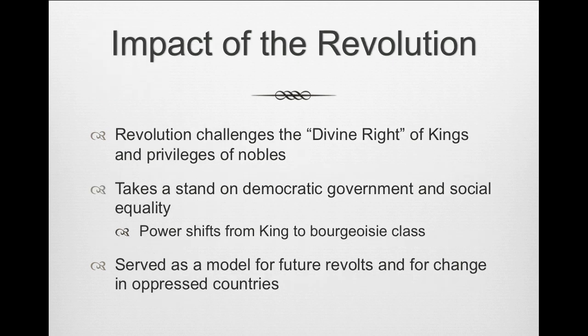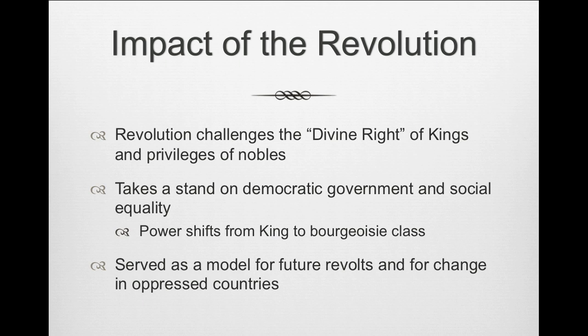So the revolution in France, it was kind of the first revolution to really challenge that divine right. Do the kings really have the right to rule, or should we pick the best man for the job? They also take a stand on democratic government. They want a democracy, they want a say, and they want social equality.